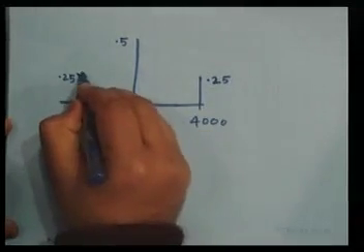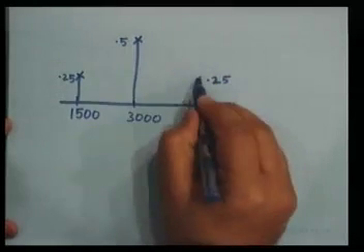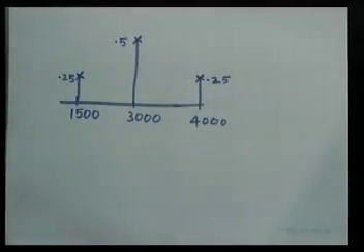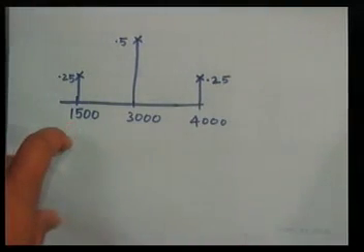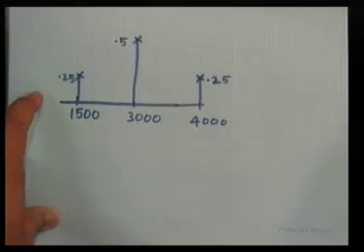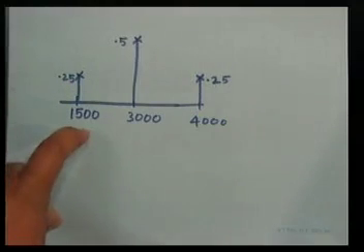So, what you find is that I am having a 3-point estimate. I am saying that there is a 0.25 or 25% chance that 1500 would be the return at the end of year 1.